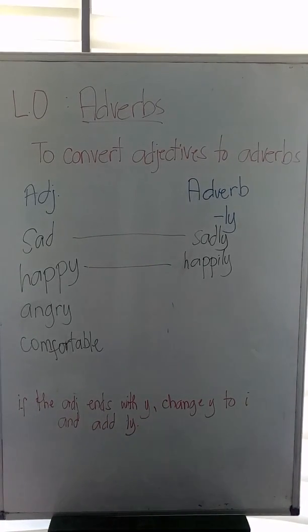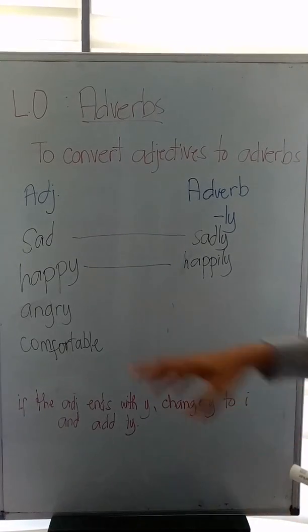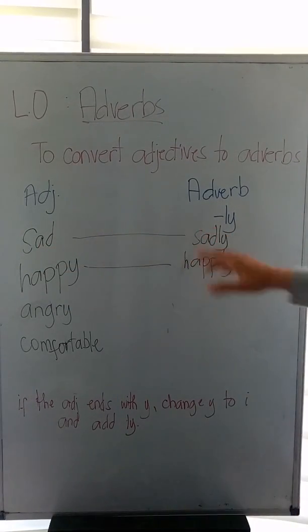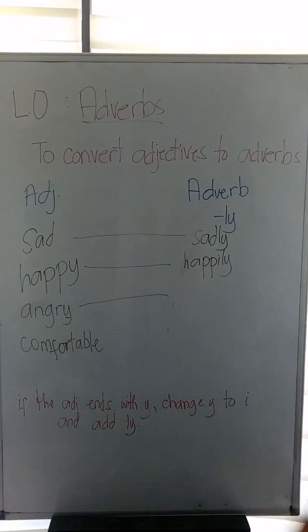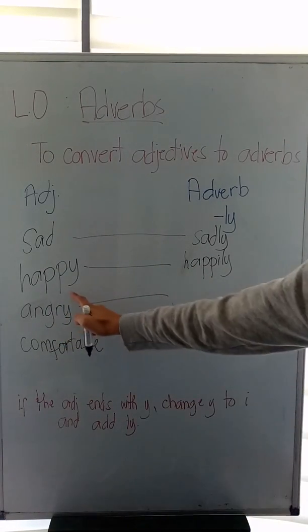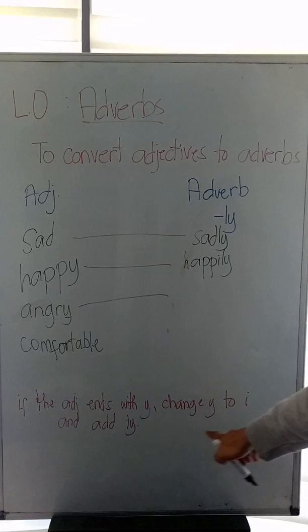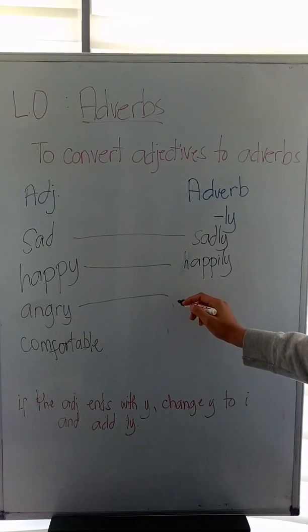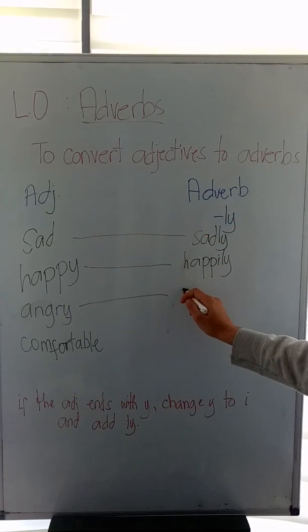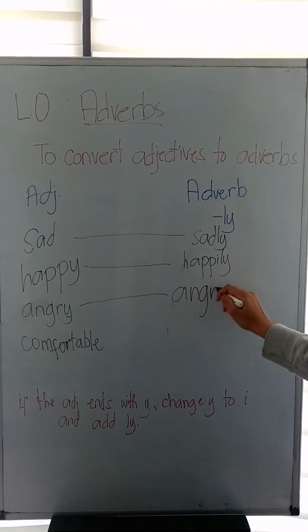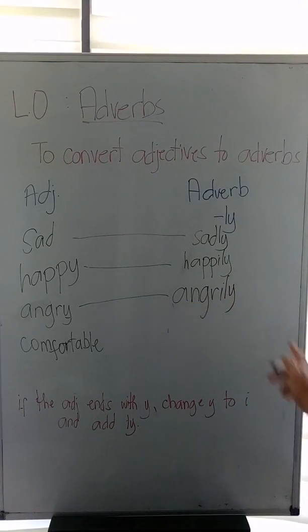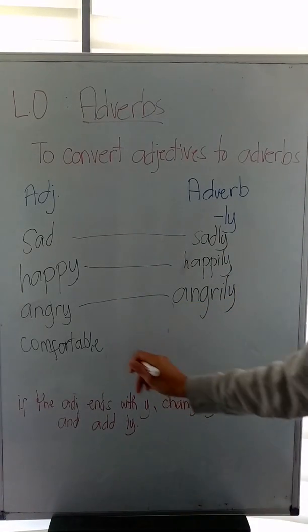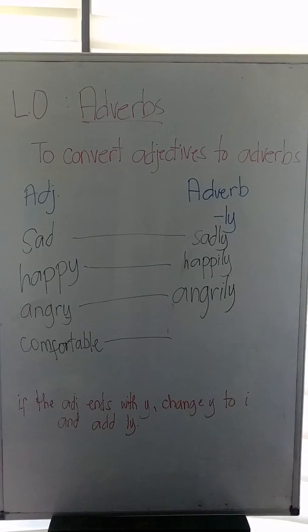Okay, so that's how it works. But if it doesn't end with y, like for example sad, you just add ly, sadly. Okay, angry. Again, it ends with y, so what do you do? You remove y, you change it with i, and add ly. So angry, to convert it to adverb, it's going to be angry, change y to i, add ly. Angrily.